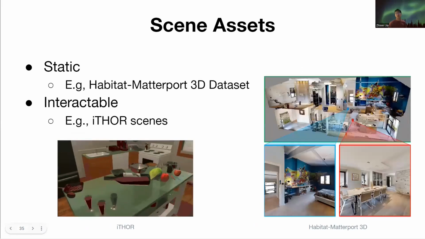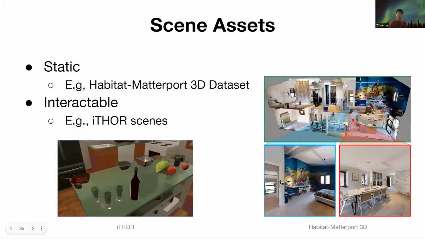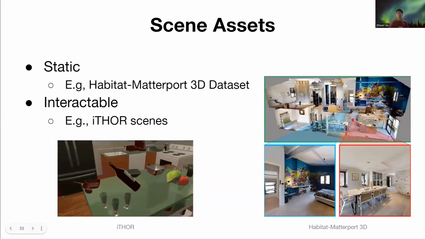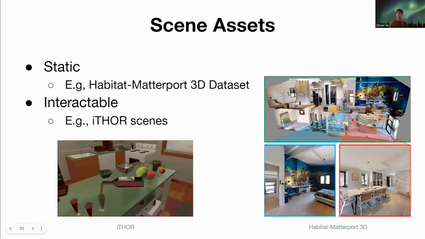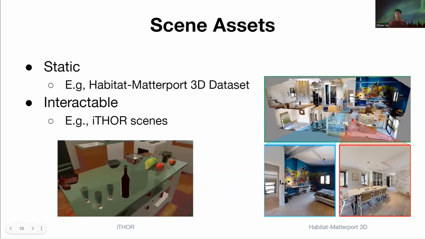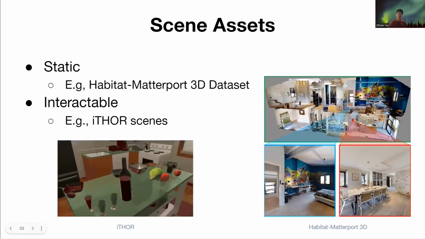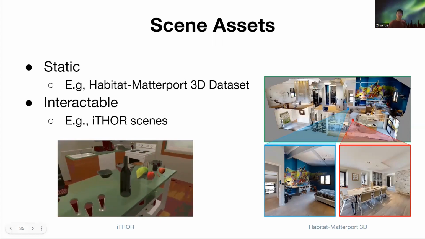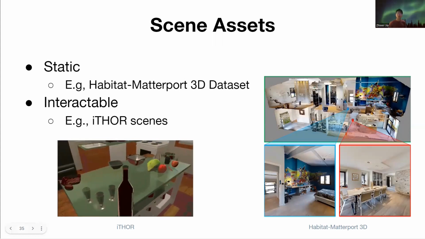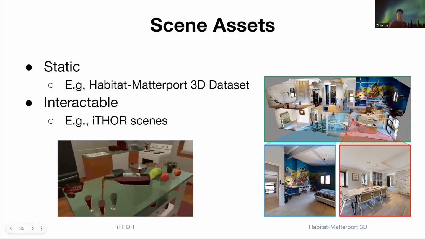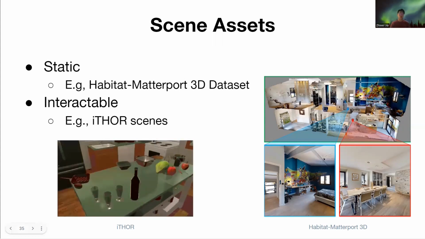Apart from objects, we can also define scenes as object layouts. In general, there are two types of scene assets, static scenes and interactable scenes. Here we have a static scenes example illustrated on the right side, taken from the Habitat Matterport 3D dataset.